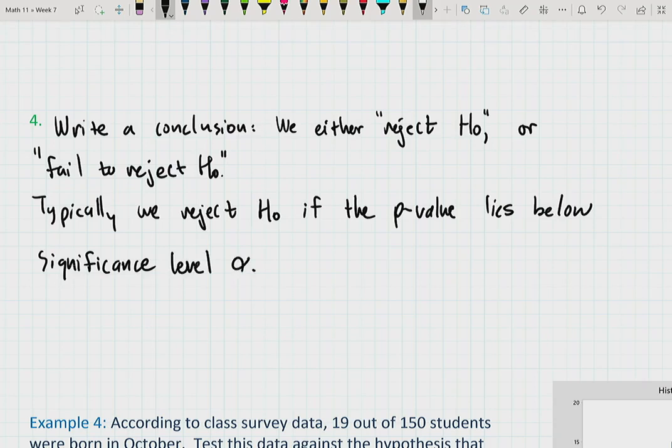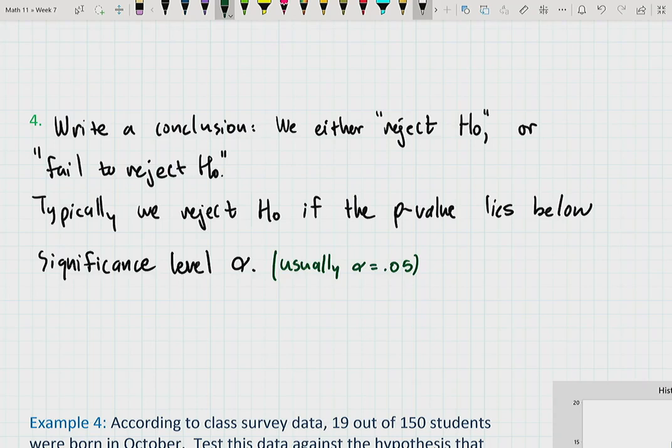Right, so alpha depends on the context, but what's our usual significance level? 0.05 is the standard one. Yes, so usually alpha is 0.05, and without any other information, you can usually assume that it's 0.05.